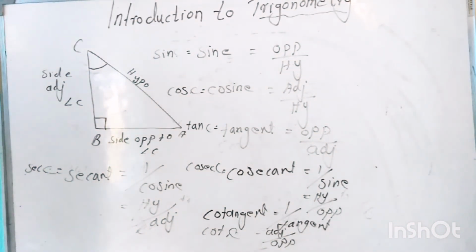Now, these trigonometric ratios we can find in a right angled triangle if the sides of that triangle are given.